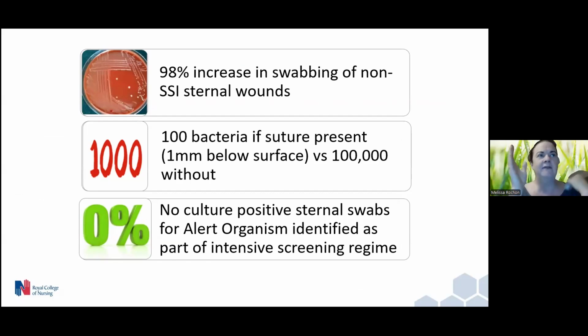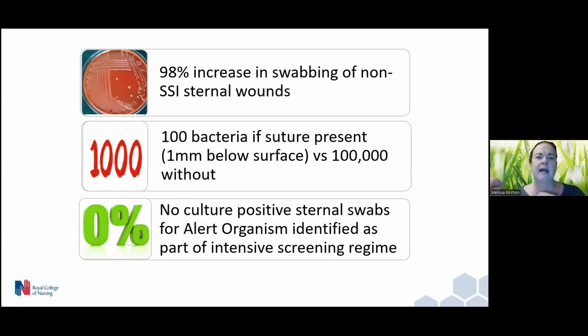So you'd have a patient who'd had surgery with their dressing on day 0 taken down, day 1 taken down, day 2 taken down, just to swab the wound, which didn't appear infected, but just to do the screening for C. auris.